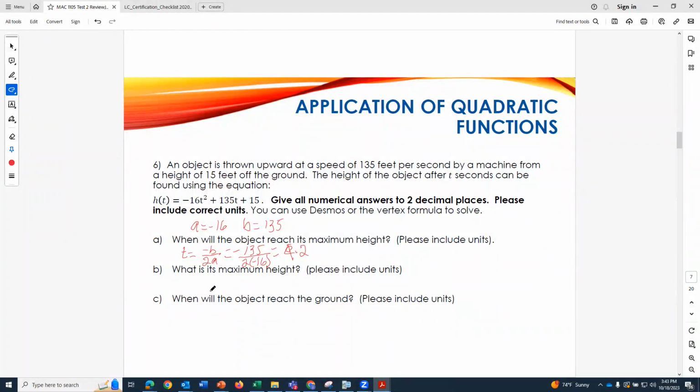And what is this maximum height? h of 4.2 will be the maximum height.